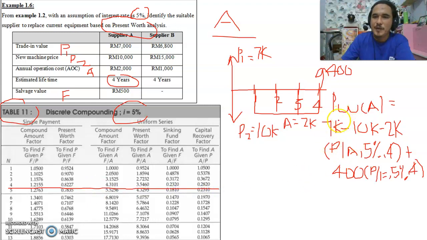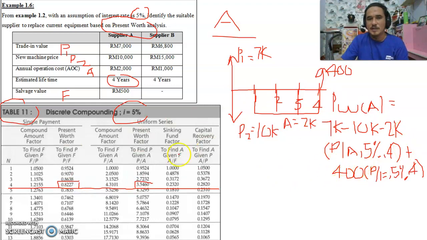So 7k minus 10k minus 2k times P given A, 3.5460, plus 400 times P given F, 0.8227.